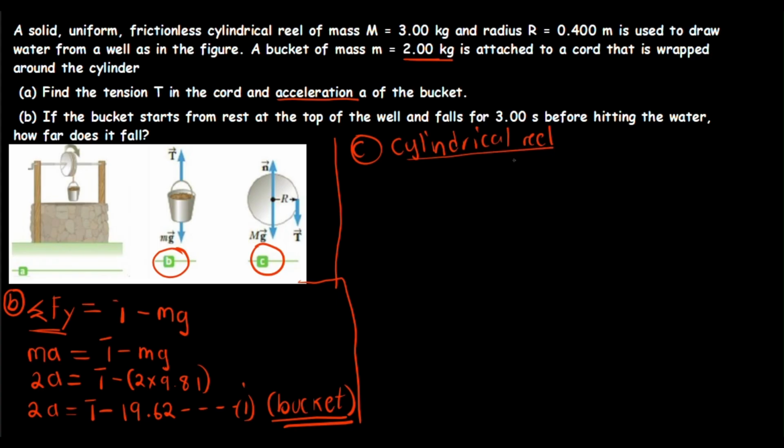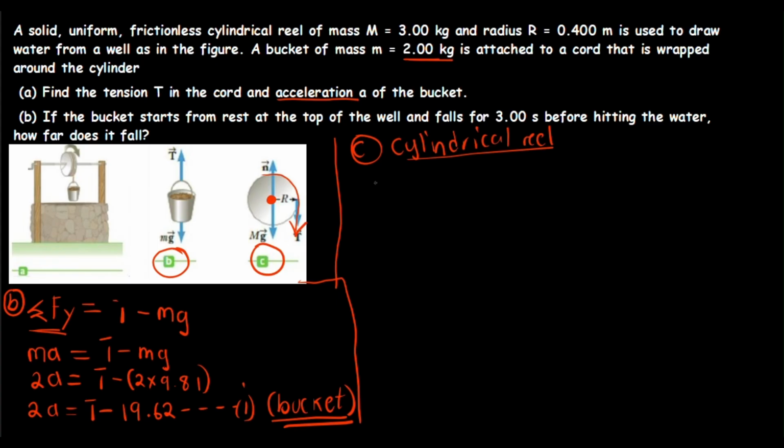This is what I've done. Now, since this object here is rotating, and if you look, it is rotating in this direction, what you need to take note of is that the force that is able to rotate an object is what we call torque.